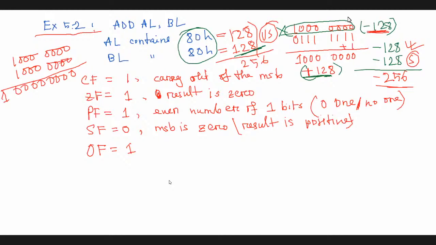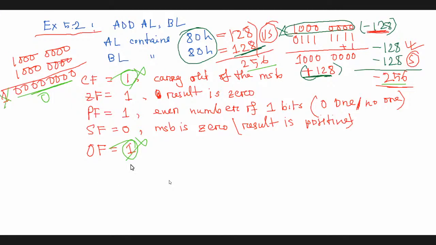Your result is not minus 256. Your result is not plus 256. Your result is 0. So you got the unsigned interpretation incorrect. You got the signed interpretation incorrect. That's why this is equal to 1. Also, this is equal to 1.